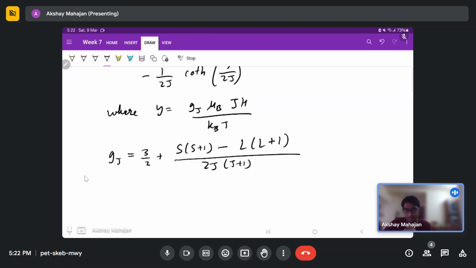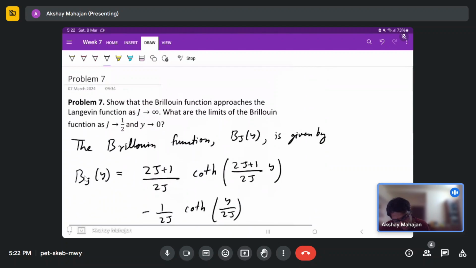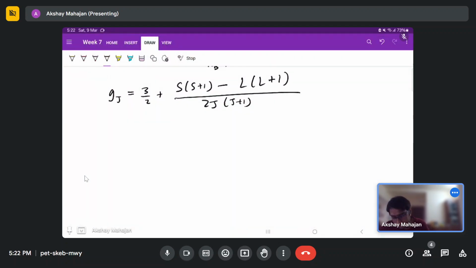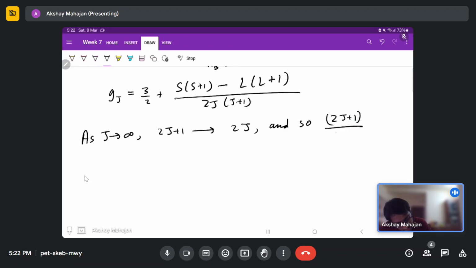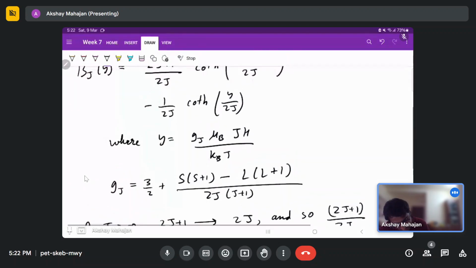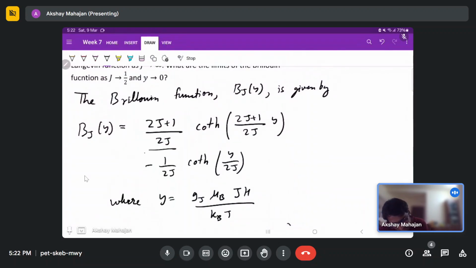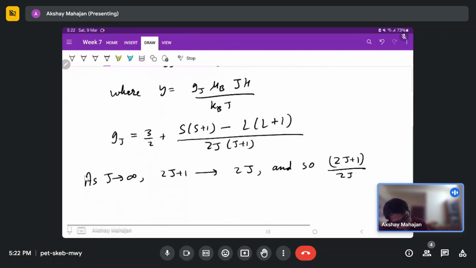Then first we have to find the limit as j tends towards infinity. So as j tends towards infinity, this 2j plus 1 will go to 2j, right? And so 2j plus 1 upon 2j will go towards 1.